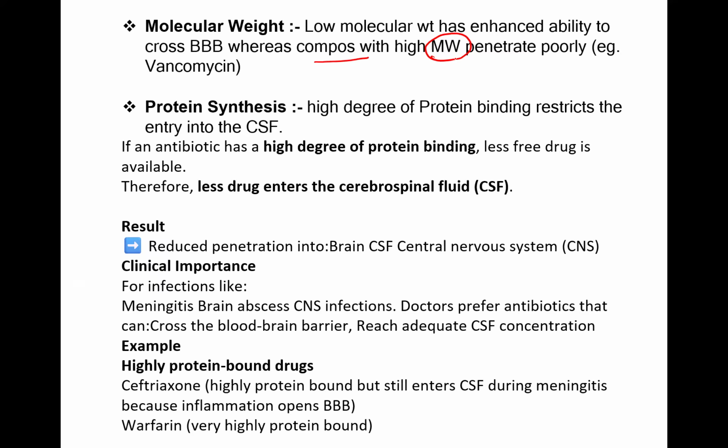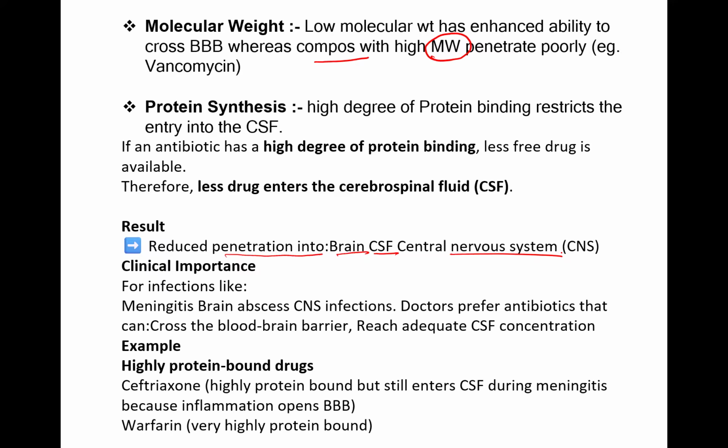As I always say, only a free drug contributes to the pharmacological effect. So when the antibiotic is highly bound to the plasma protein, less drug is going to enter the cerebrospinal fluid. Hence, reduced penetration into the brain, CSF, and the central nervous system. So we won't get an action, isn't it?